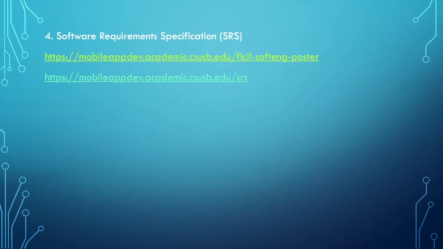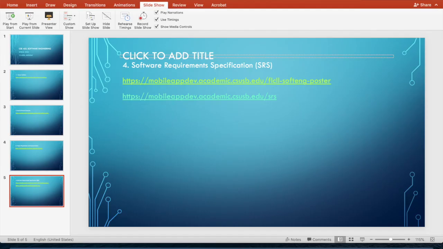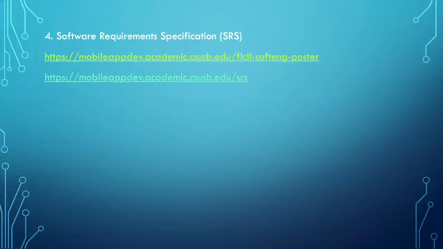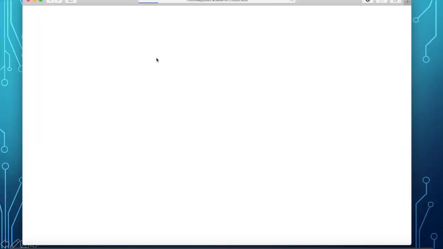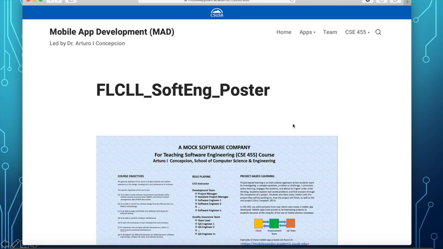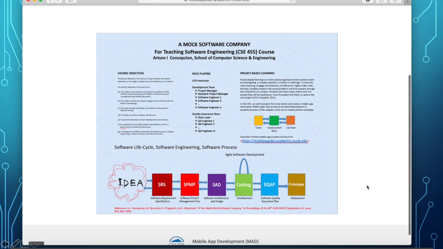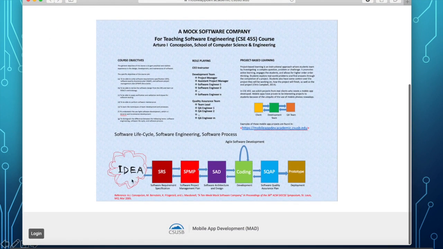Let's look at this document called the Software Requirements Specification. In this particular diagram, let me get back to that again. You have the diagram that I have shown you earlier about the software lifecycle that we are following.